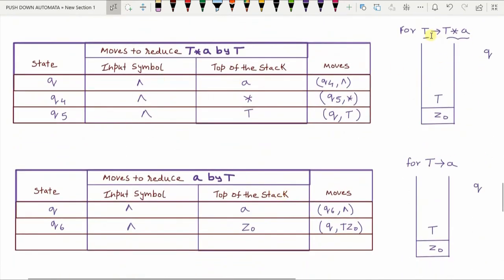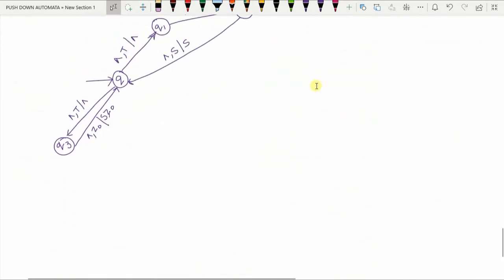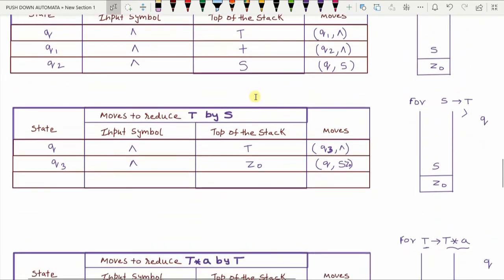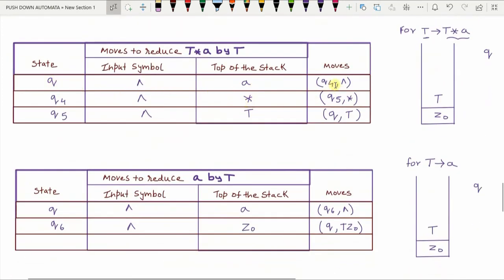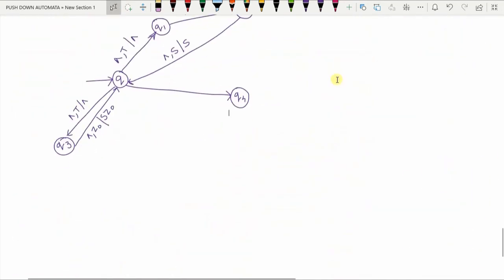Then for T gives T into A, you start from Q and go to say Q4 state. So how do you go to Q4 state? From Q you go to Q4 state by reading null, top of the stack is A, and by pushing null.